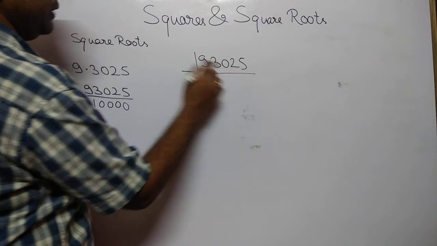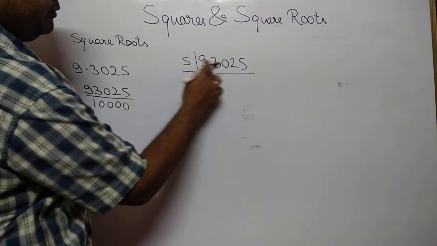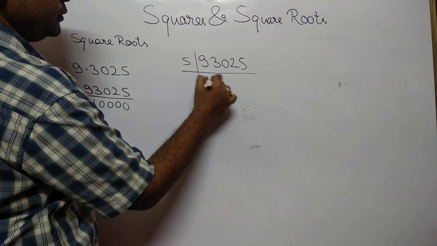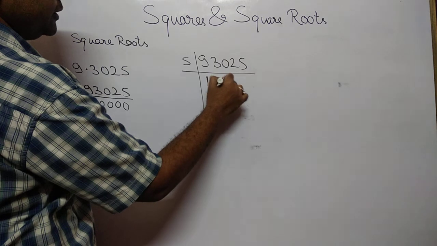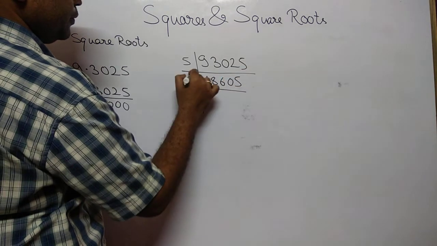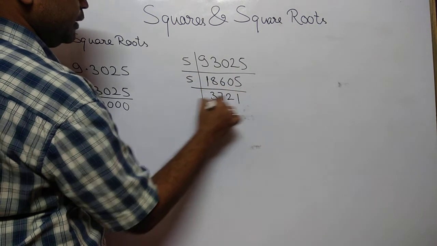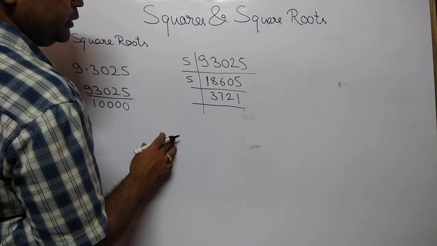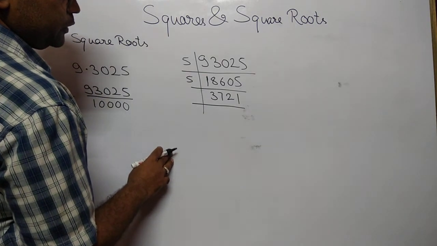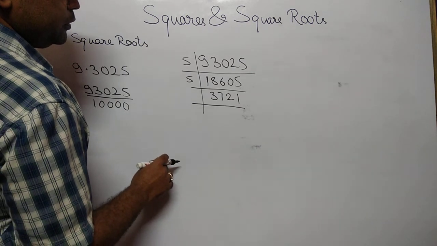At the end is 5, so we will try to find from 5. 5 times 1 is 5, 5 times 8 is 40, and so on, it is divisible by 5, and again by 5. Then we'll try to divide by 3.